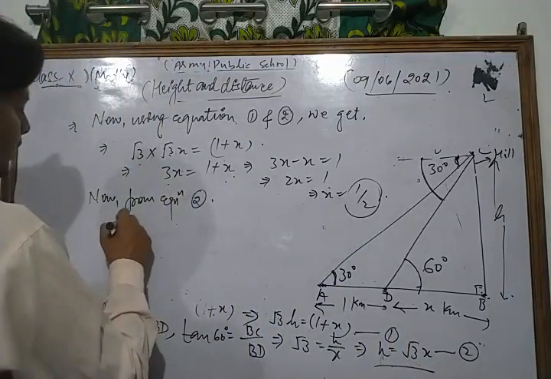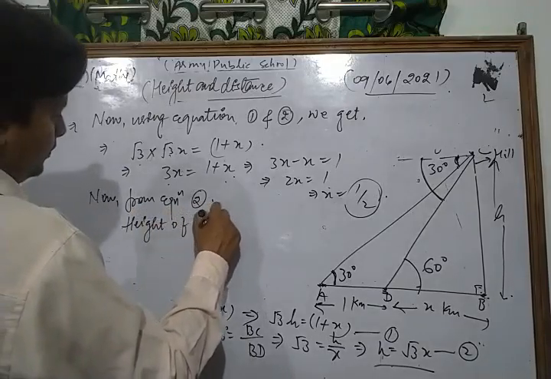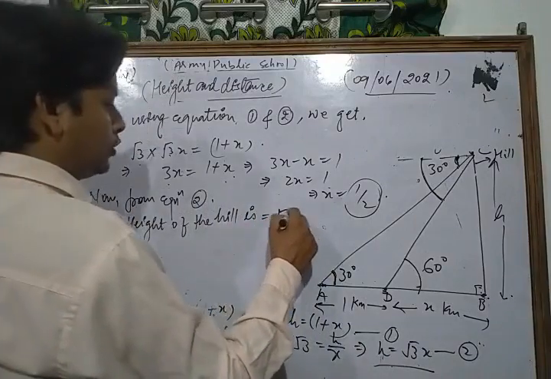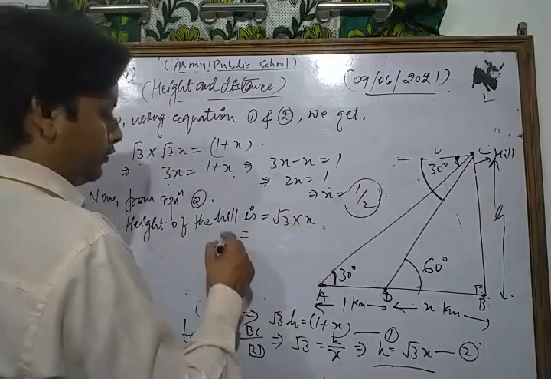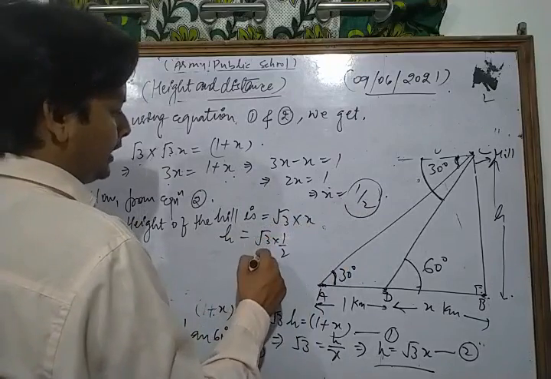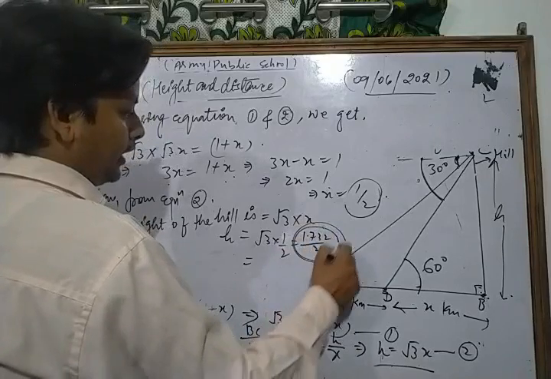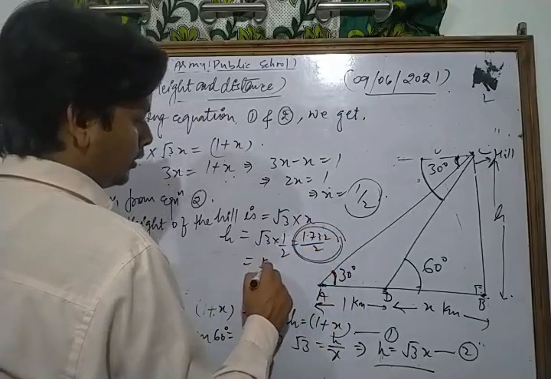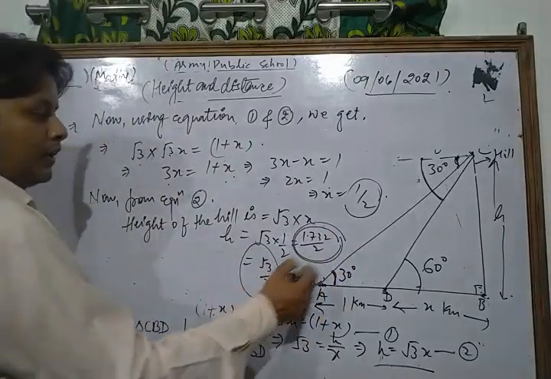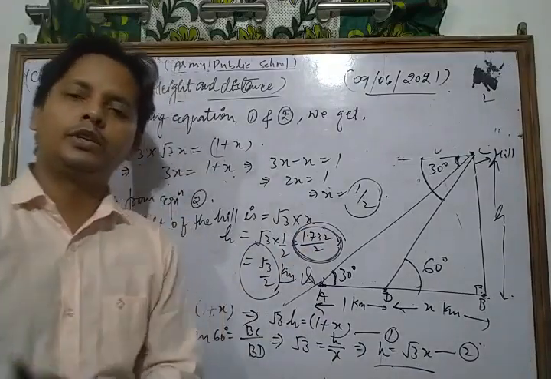From equation 2, the height of the hill is h, which is under root 3 into x, so root 3 into 1 by 2, that is 1.732 upon 2. After we simplify, this is the required height, root 3 by 2 kilometer. You can write it in this way, and you can also divide 1.732 by 2. In this way you get your result.